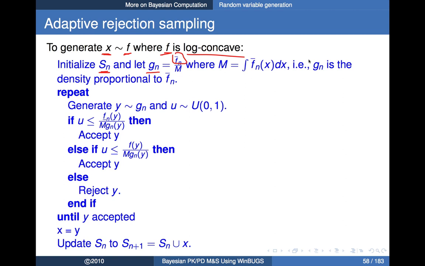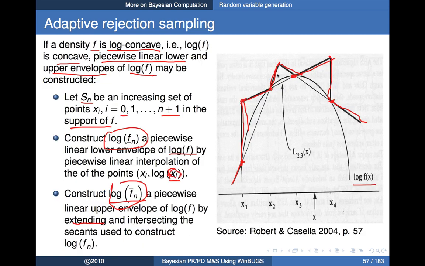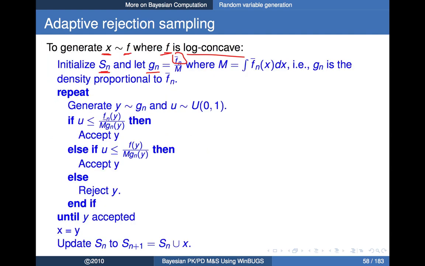Remember that f over bar n is this funny looking thing on top, the upper envelope of our function. And we construct a density by dividing that by a suitable normalization constant that makes g a proper density, in other words, a function that integrates to 1.